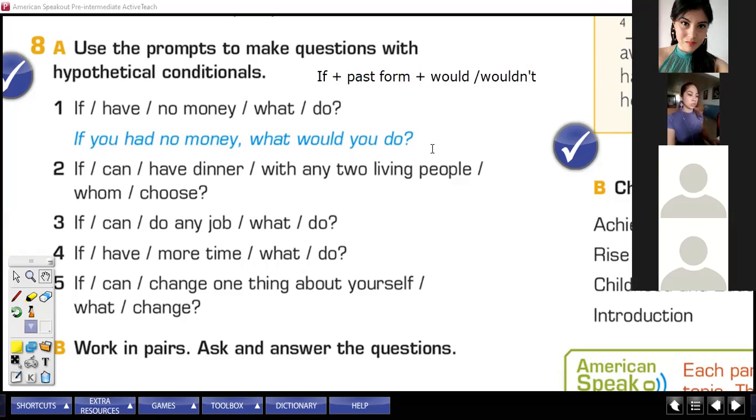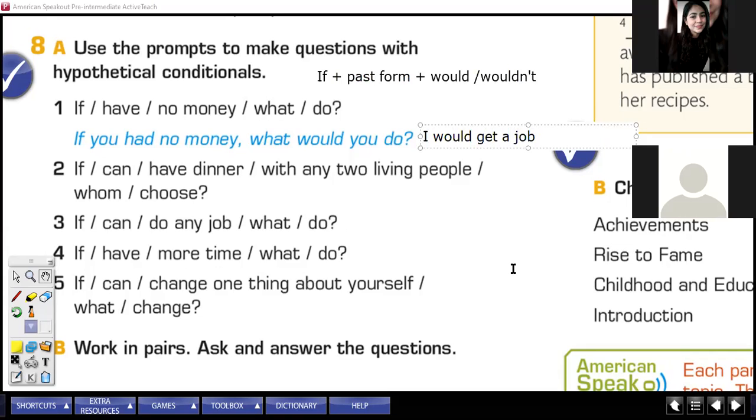I will get to work. Yes, I would get a job. I would get a job, conseguir un empleo. That's good. Number 2, please. Diana Romero. If you could have dinner with any 2 living people, whom would you choose?